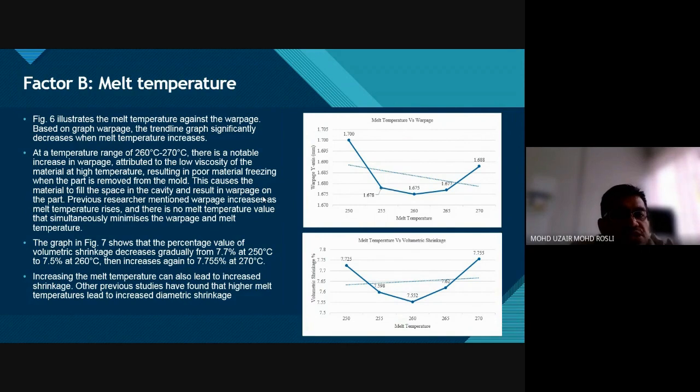Previous researchers mentioned that warpage increases as the melt temperature rises, and there is no melt temperature value that simultaneously minimizes the warpage and shrinkage.